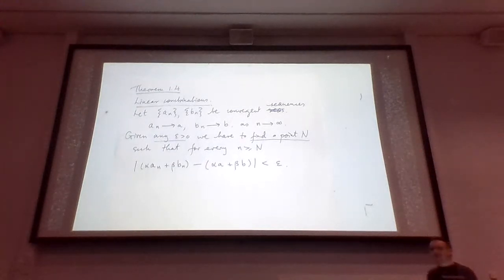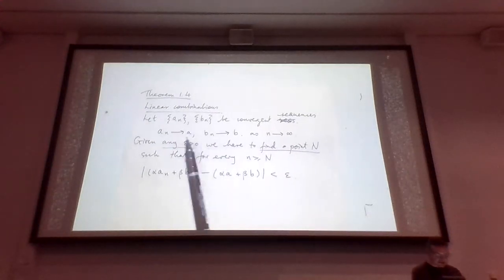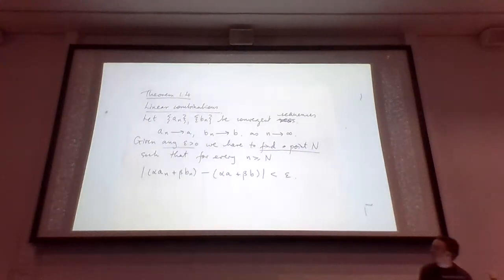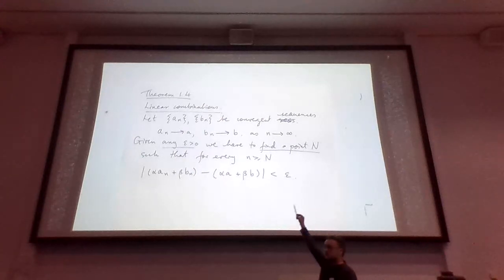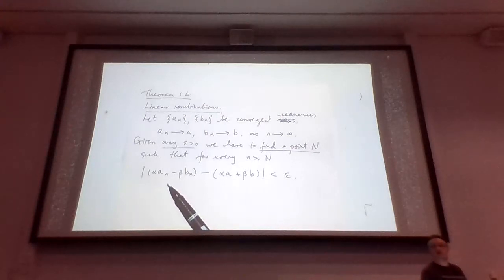Of course, the facts that we're going to use to produce this special point, capital N, given any epsilon, are the known convergence properties of the ingredient sequences, a_n and b_n, that are the ingredients of this new sequence.